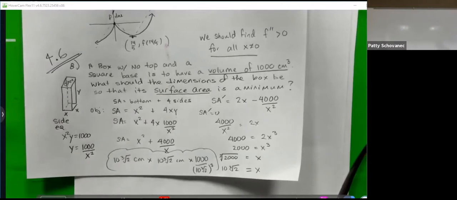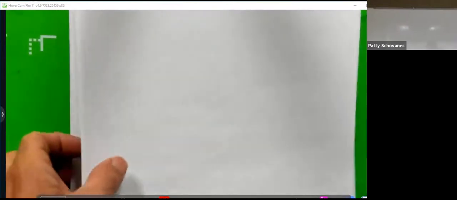Now that's chapter 4. In chapter 5, I want you to be able to compute the basic integrals, whether they're definite or indefinite.